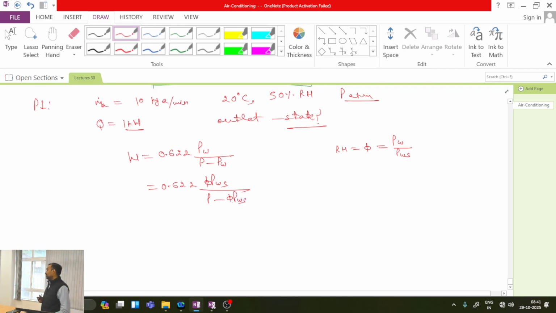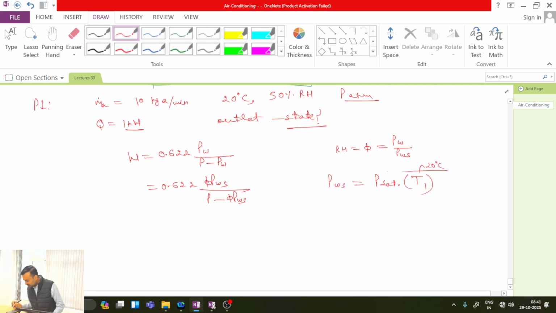What is PWS? Vapor pressure, which is nothing but saturation pressure. From the steam table, PWS will be P sat at the given temperature T1, which is 20 degrees Celsius.